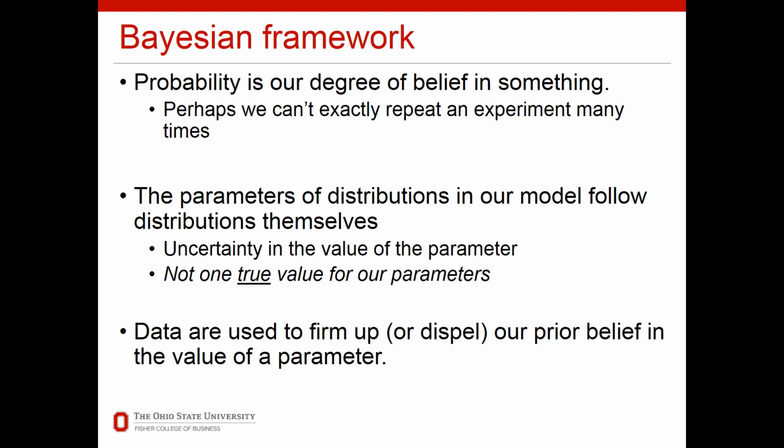The true probability follows a distribution. We have uncertainty in the value of the parameter, and there is not one true value. The data firms up or dispels our prior belief in the parameter. In this course, we're going to focus on a frequentist approach, but we will see the Bayesian framework appear in many future courses, especially in an entire course that's focused only on Bayesian statistics.